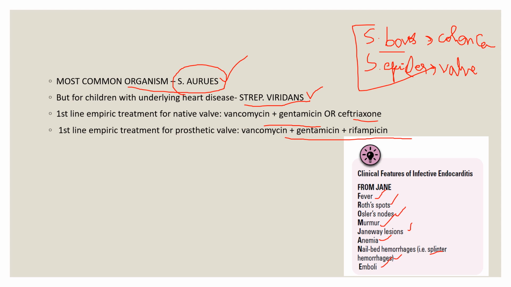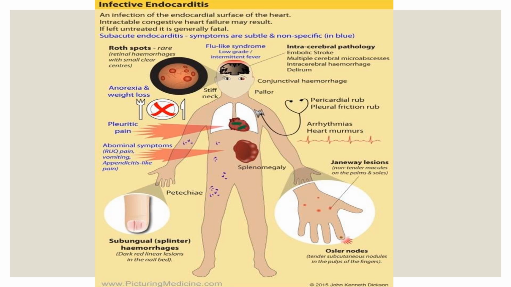embolization phenomena. Okay, so these are different skin manifestations like Osler nodes, splinter hemorrhage like nail bed hemorrhage. They are skin manifestations, Janeway lesion, Roth spot, all. Okay, this again shows different manifestations of infective endocarditis.